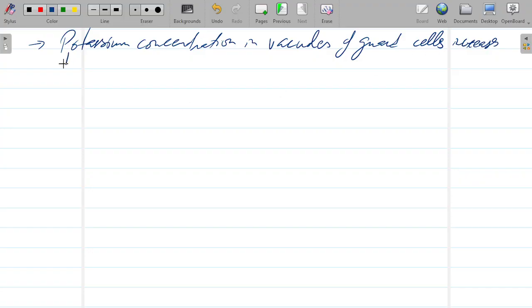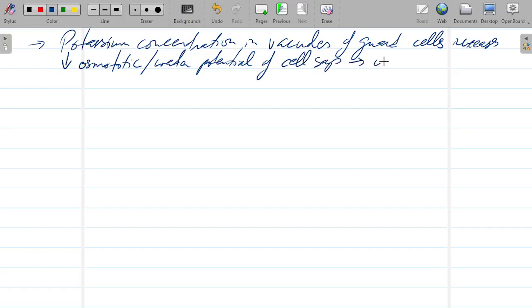And so what that does is that lowers the osmotic potential, the water potential, of the cell sap. And so water enters the guard cell.